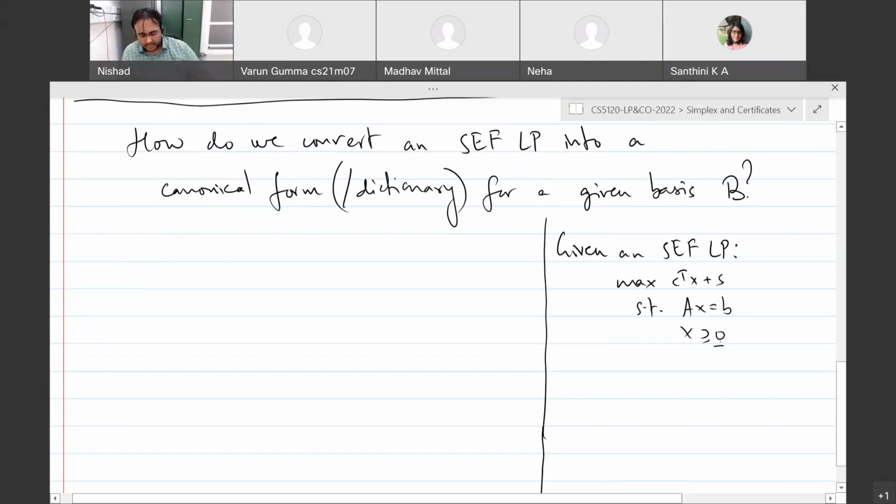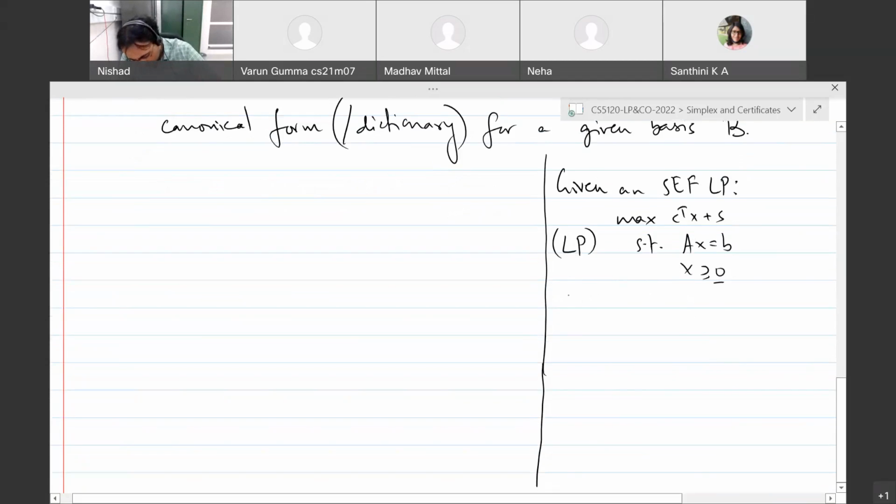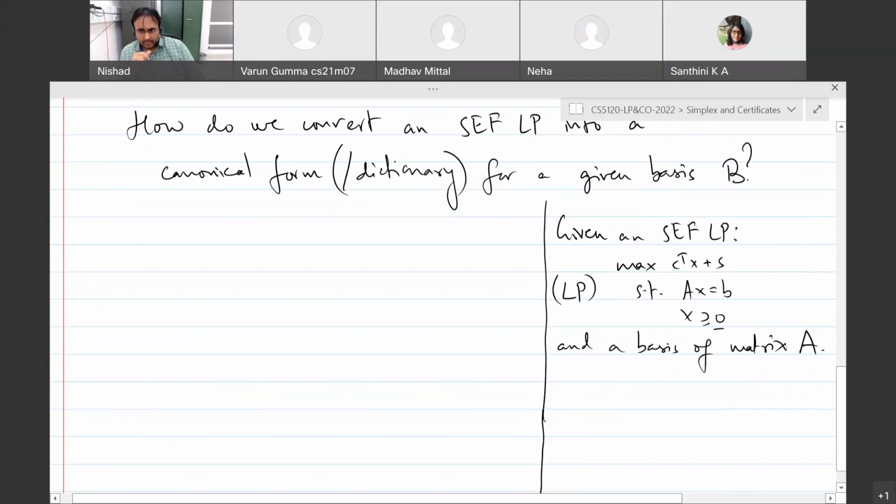Let's call this LP. And let's say we are given a basis of the matrix A, right? So it's a set of m linearly independent columns.